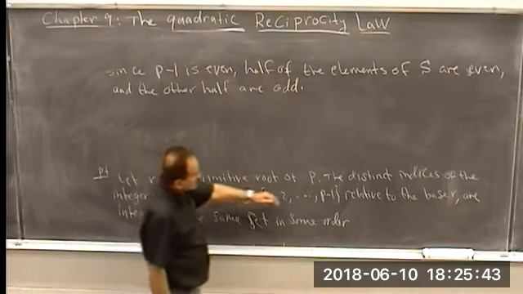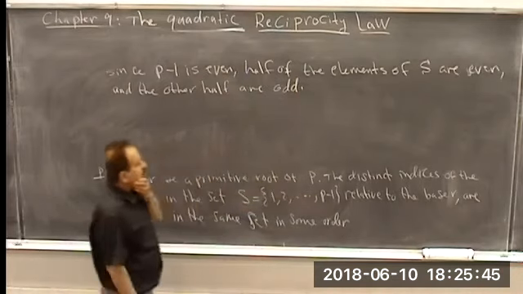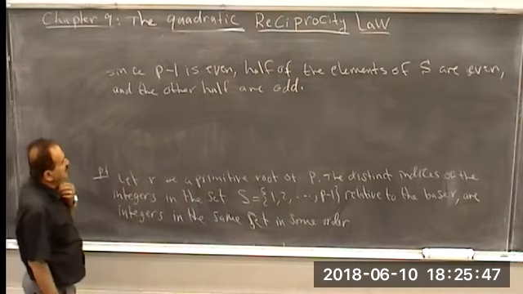So half of these integers is going to be even, and the other half is, of course, odd.